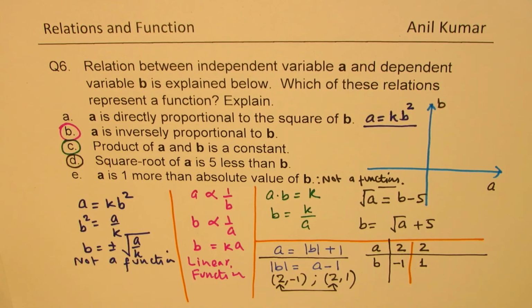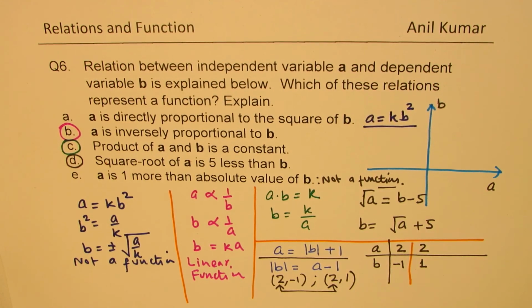That one was slightly tricky, and I hope you understand the concept. What you could do in such cases is take some points and figure out what kind of set you're getting. The ordered pairs will show you that there is a repetition of the independent variable with different y values, and therefore this is not a function.